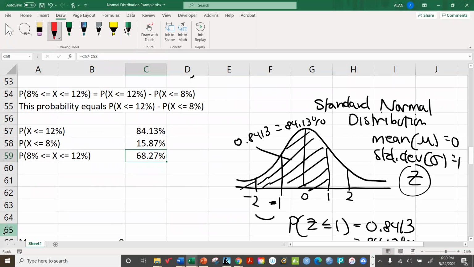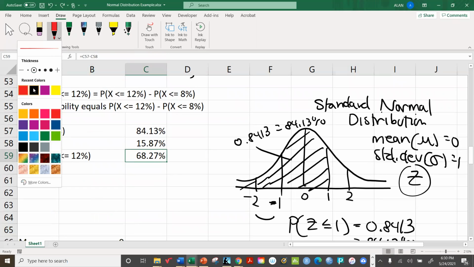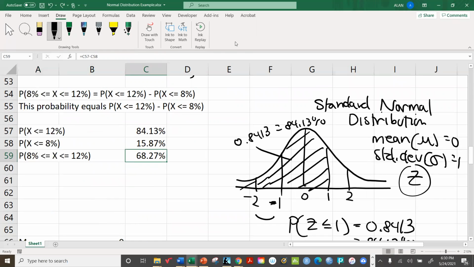So in between 8 and 12, is actually the middle is 10%, yeah.